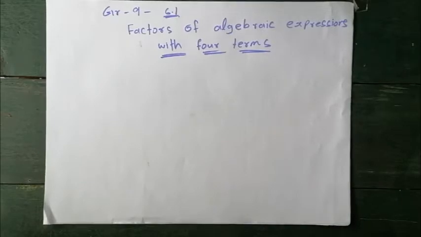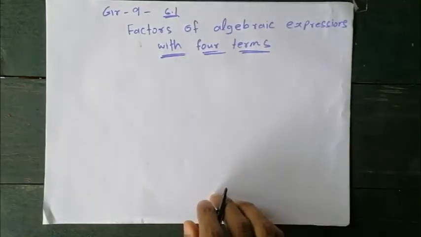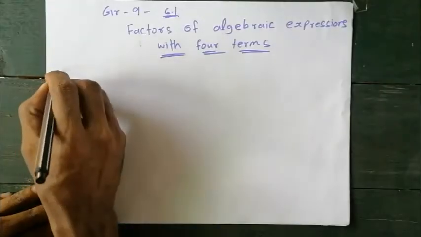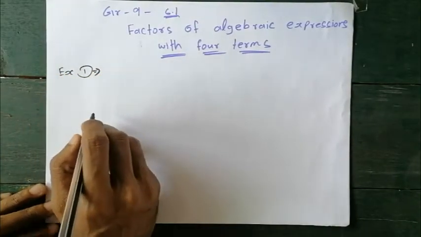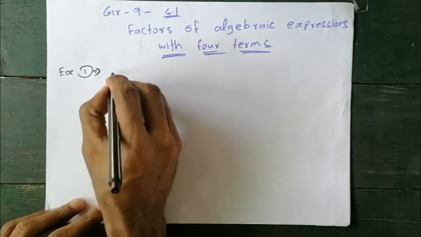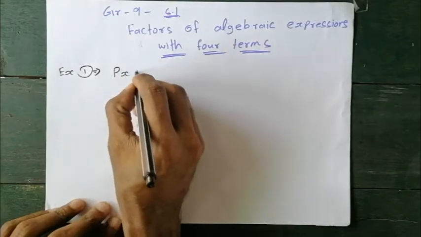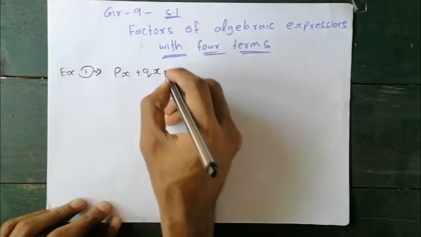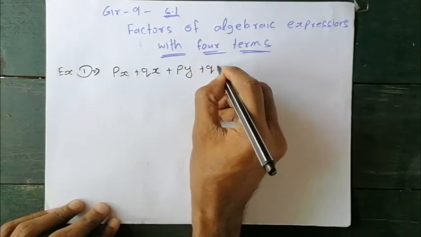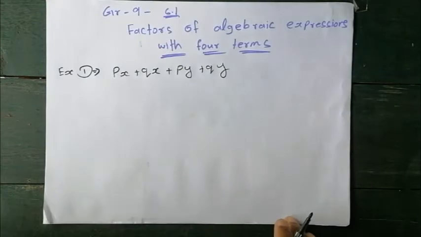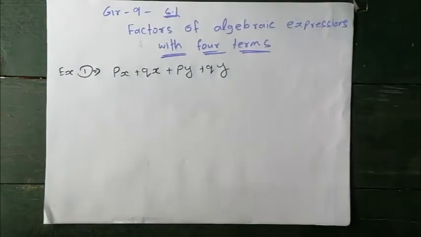For example, we'll take a first example. Our first example is px plus qx plus py plus qy.